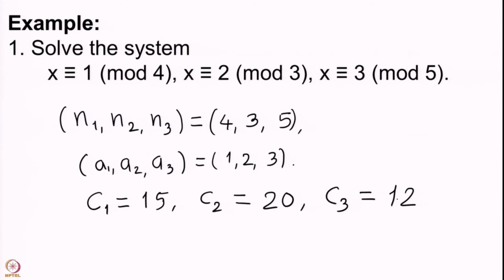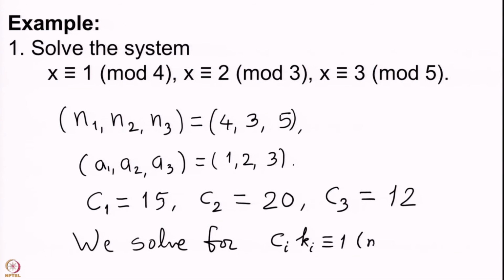So we construct 3 systems from this where we are asking for the inverse of each of the Ci modulo Ni. So we solve for Ci Ki congruent to 1 mod Ni. This is the system that we are going to now solve first.